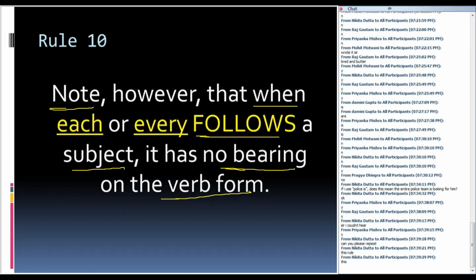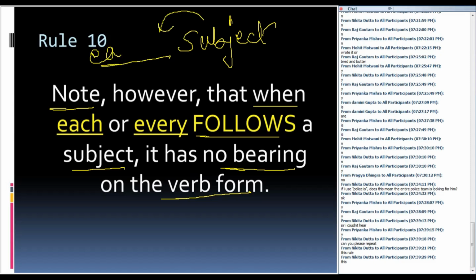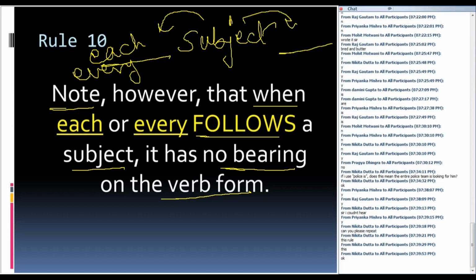I told you that if there is a subject here, and before the subject you have words like each, every, either, neither, then the subject becomes singular. But if these words are after the subject, then it has no impact.